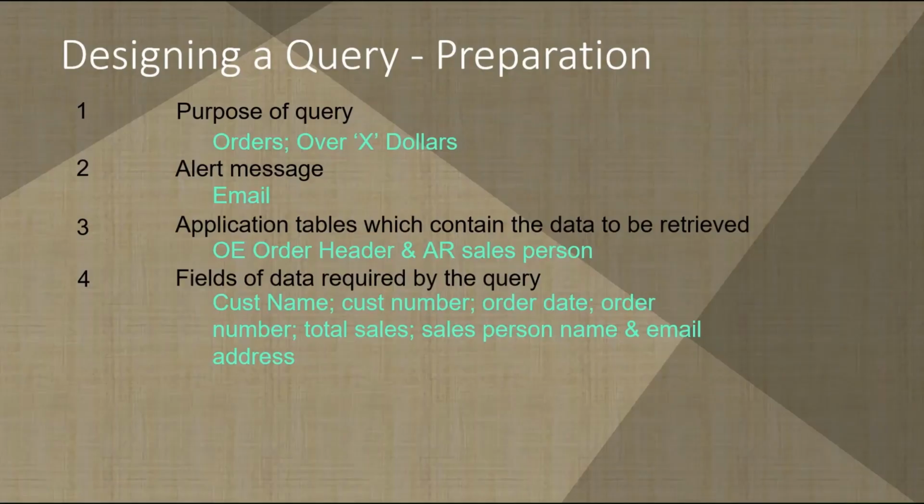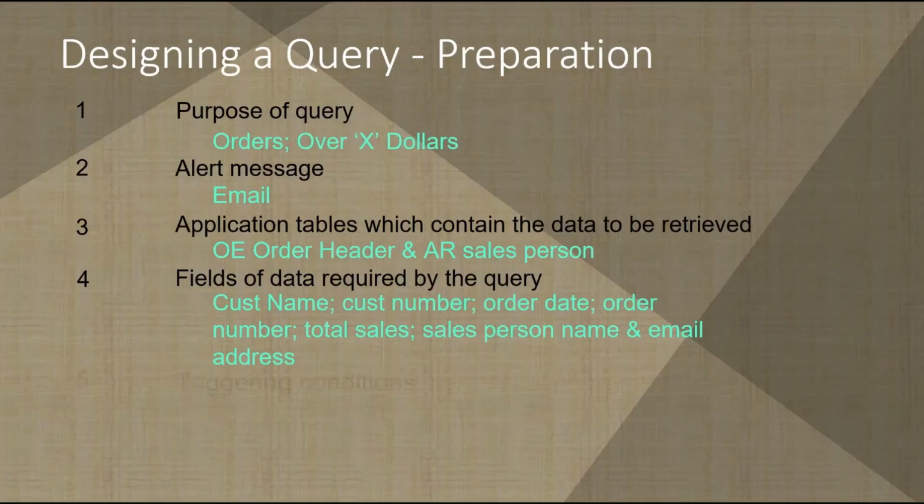It's important to note that if additional information is going to be needed for the event, such as the salesperson's email address, and it resides in a table, that must be part of the query. In this example, the VP of Sales requested that the salesperson also receive an email, so it has been included as a data field in the query.